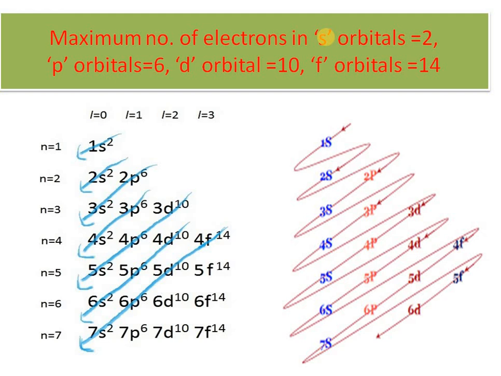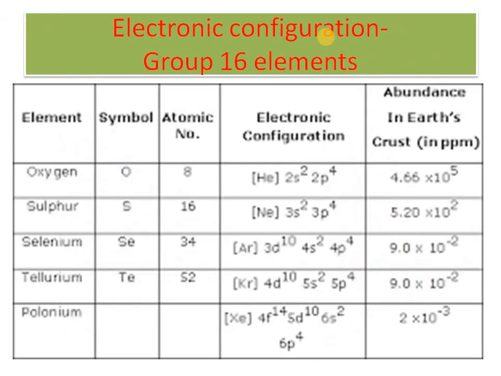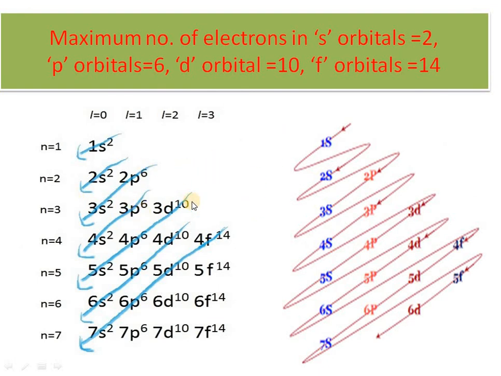Now here we have filled almost 18, then 4s2, 20, then 3d10, 30, and then to reach 34 we have to fill 4p4. So this way we fill the electronic configuration of each and every element of any group or any period. So we can write the electronic configuration as per this Bohr-Bury rule or the energy level filling diagram.